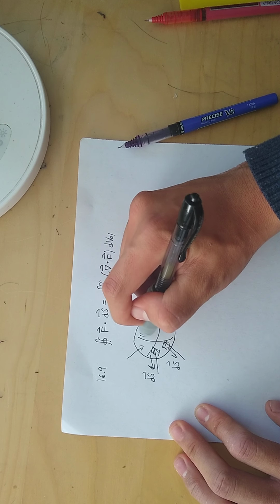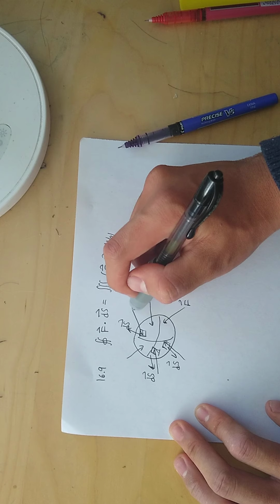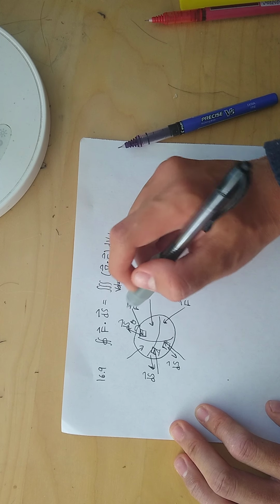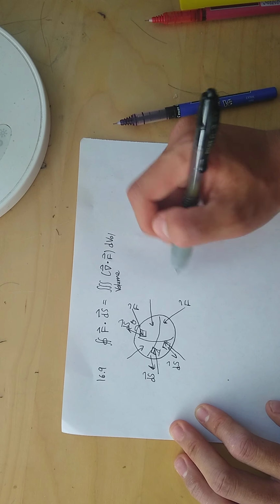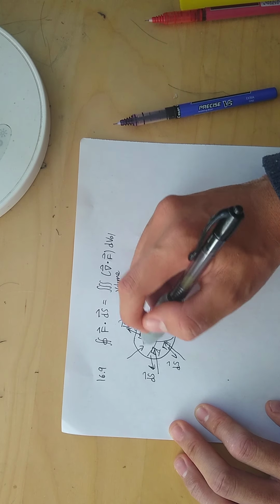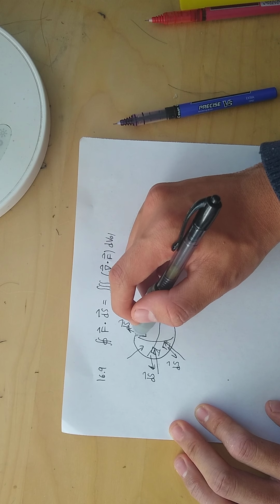Instead of having to compute the dot product of dS with all these little field vectors and factor in the angle theta in between them, you can just sum up the volumes of the divergences over that entire region instead.